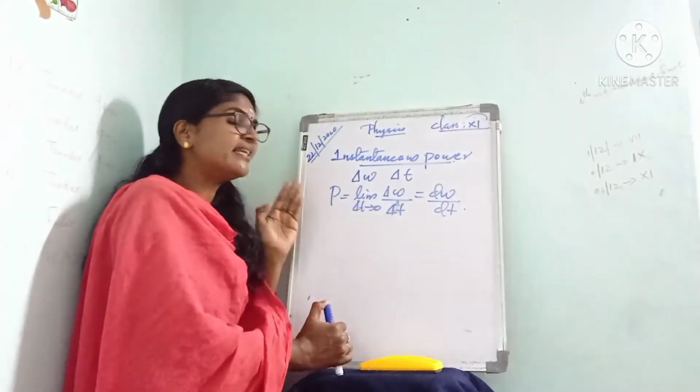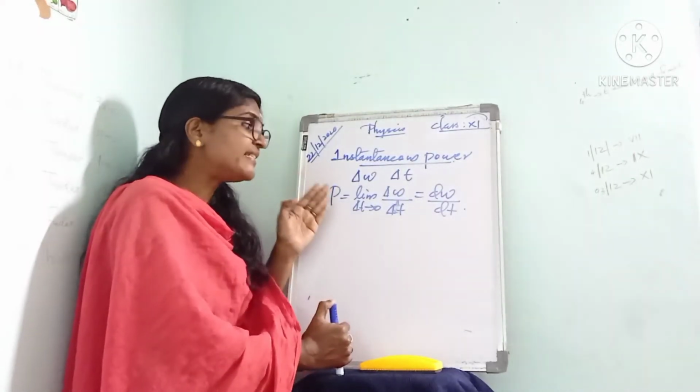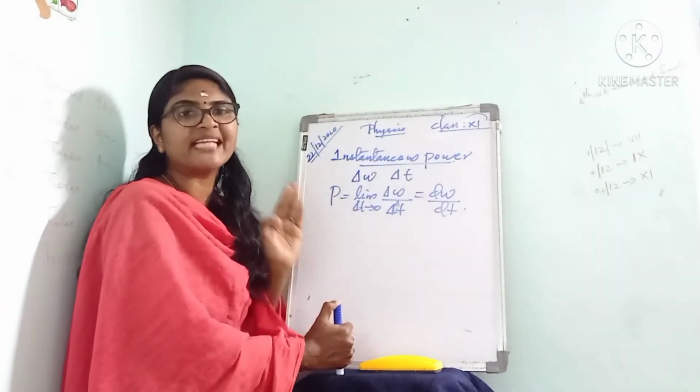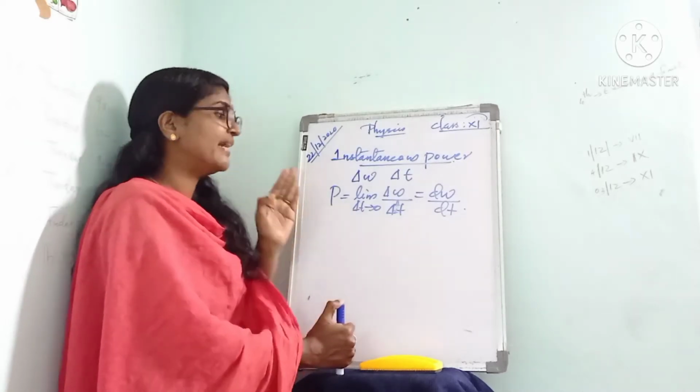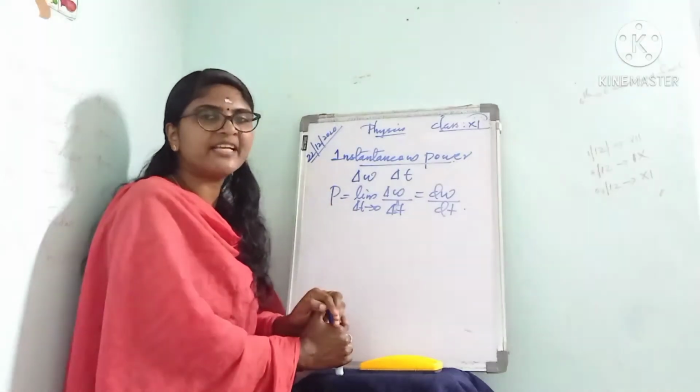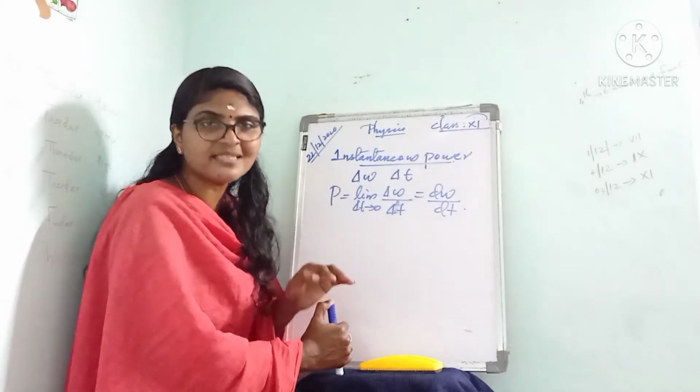Listen to it. The instantaneous power is defined as the limiting value of average power when the time interval approaches 0.